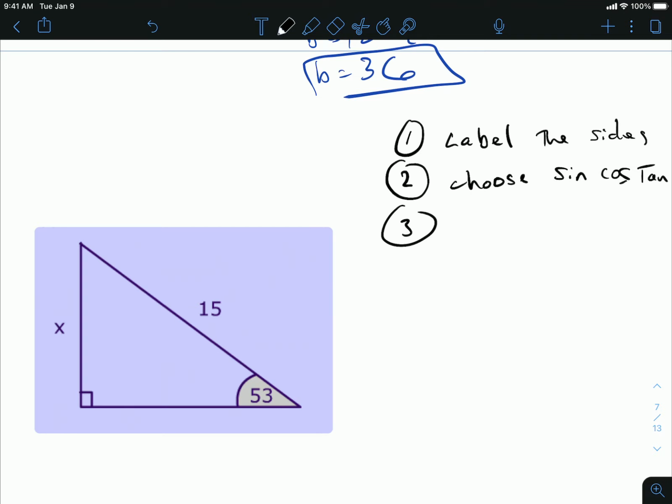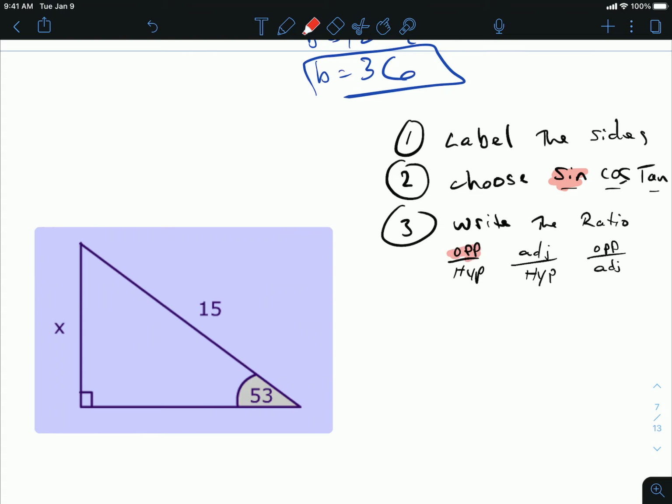Third step. We're going to write the ratio, right? And that depends on what you've chosen here, right? So that comes out of, is it opposite over hypotenuse? Is it adjacent over hypotenuse? Or is it opposite over adjacent, right?